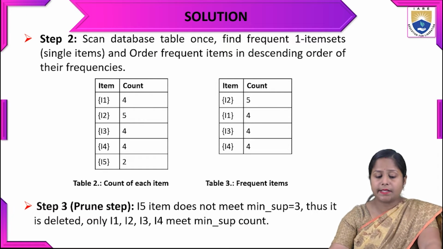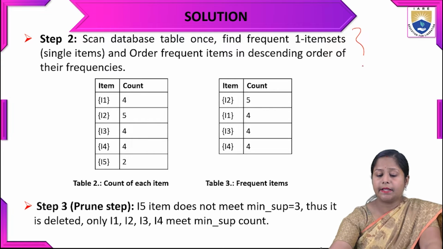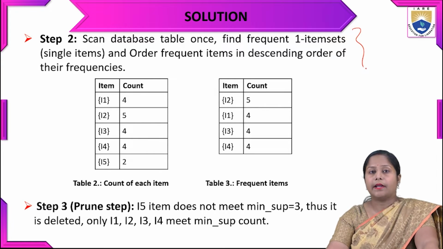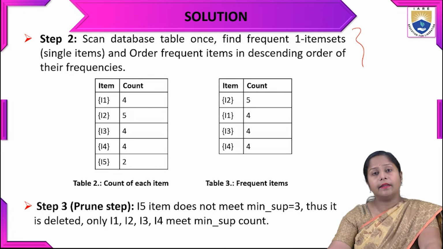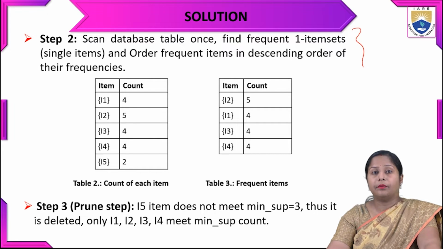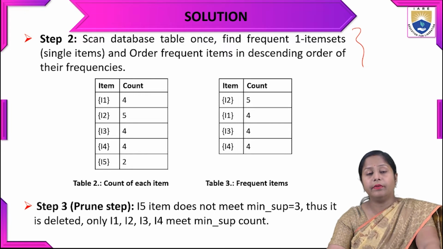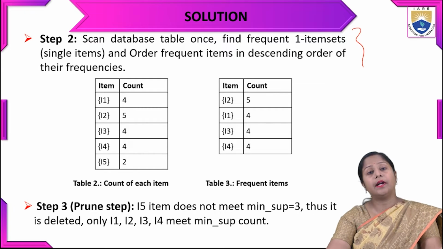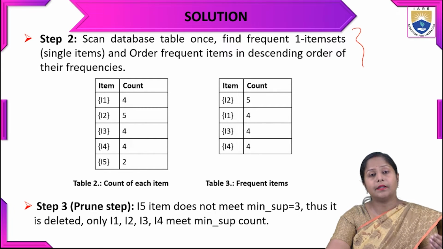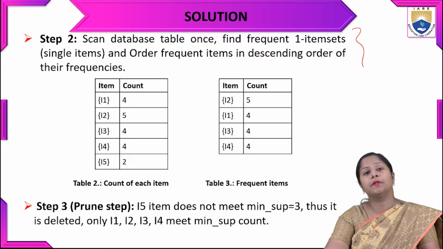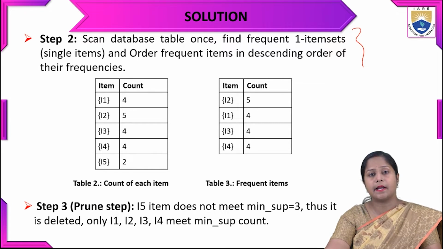In the second step, we have to scan the table once again and find the combinations. Now we will take the one item set, the individual items that have been purchased in the 6 transactions.